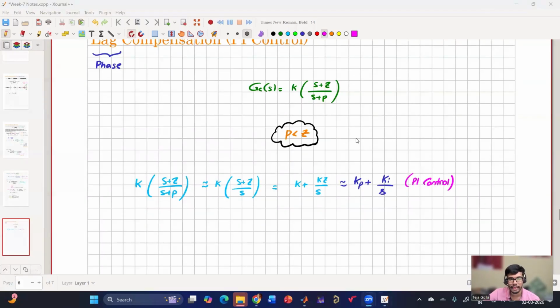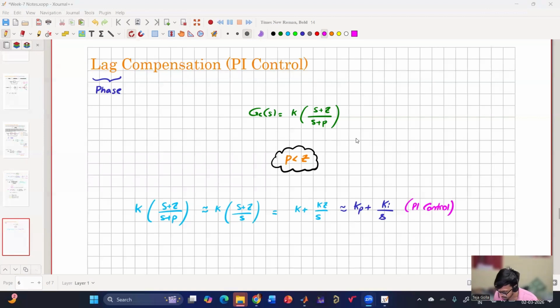Yes, sir. Now if I take the things common, I can write K into Z by P into 1 plus S by Z over 1 plus S by P. So this is the normalized transfer function I can write.